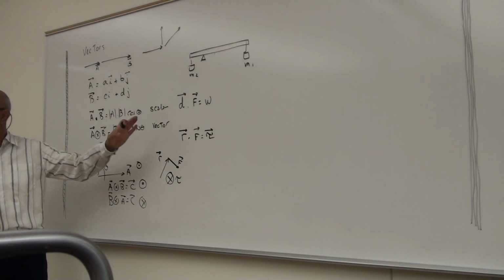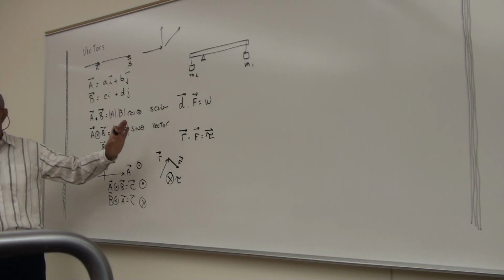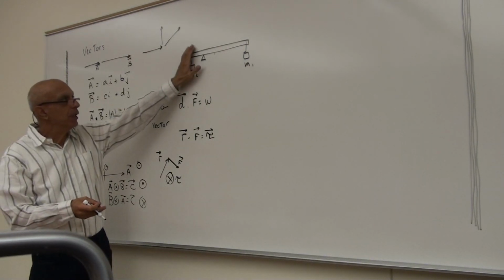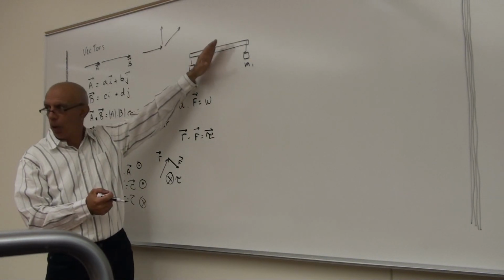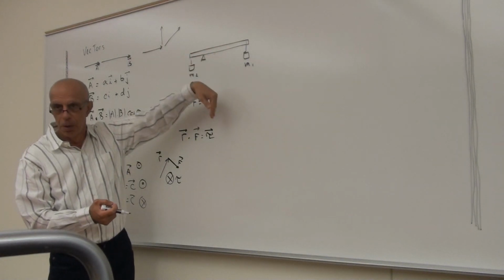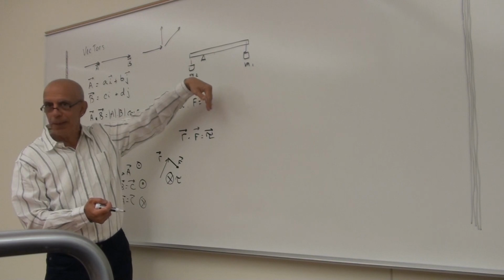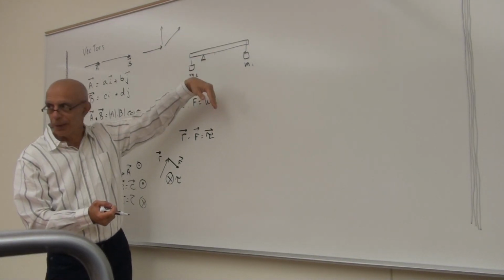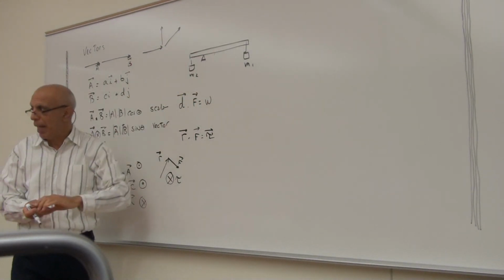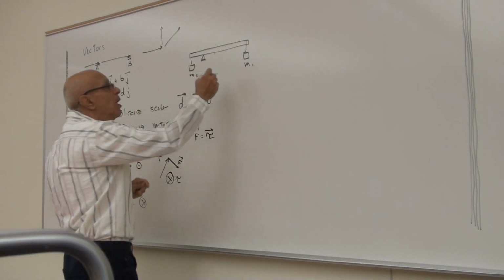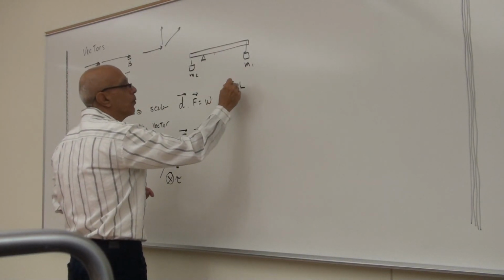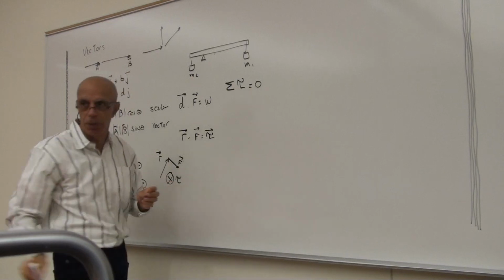Why is it in balance? Because if I don't have this here, the torque is going to cause this ruler to rotate, right? It's going to be unbalanced, right? The fact that it's balanced means the sum of all torques is equal to 0.